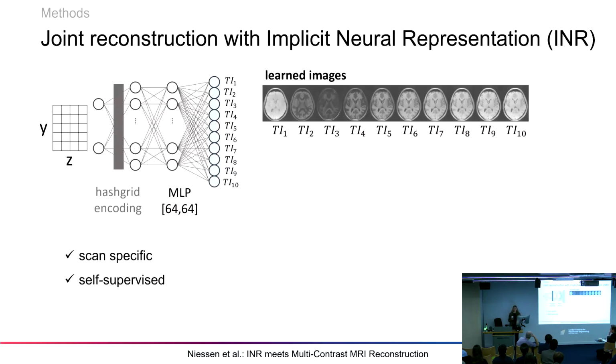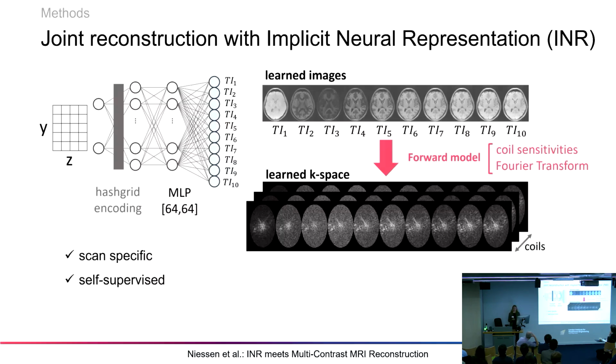Now I want to go into more detail on how the network actually learns this representation. At each epoch, we apply to the learned images the forward model, which in MRI consists of multiplying with the coil sensitivity maps and also calculating the Fourier transform. With this, we obtain what we call the learned k-space across different coils.